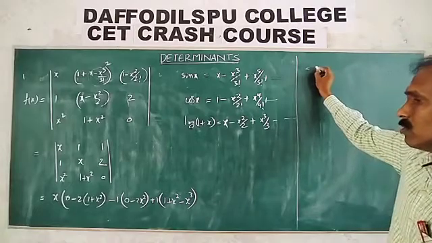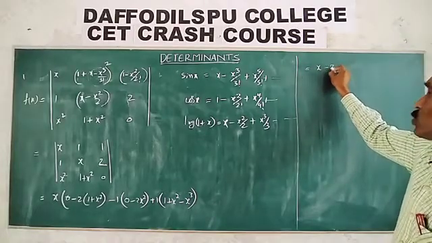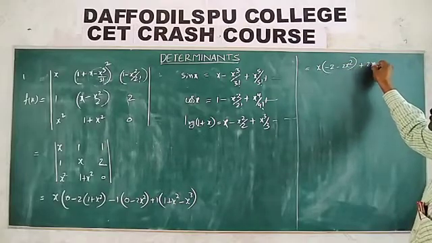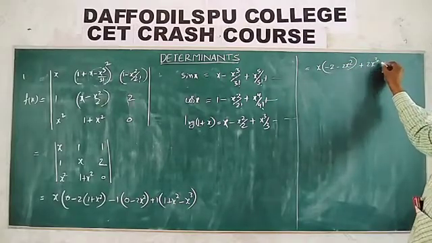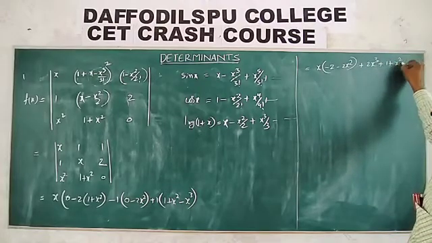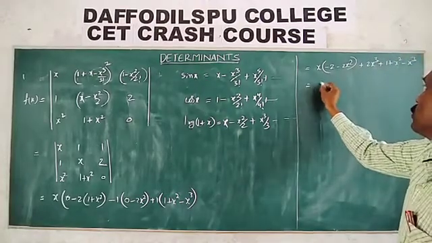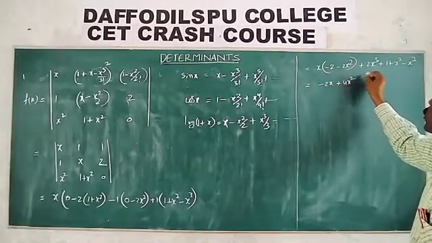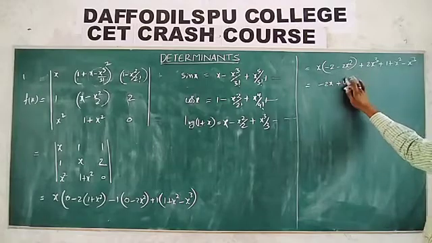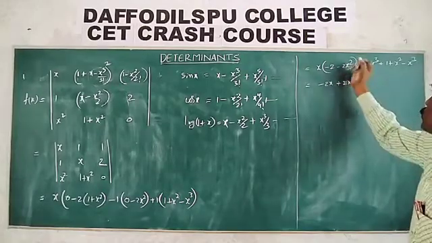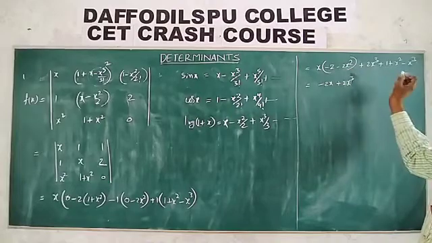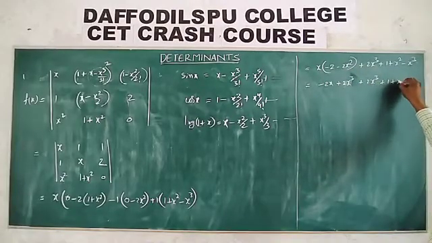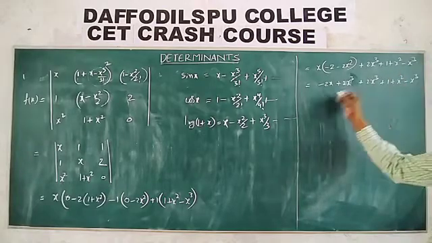This is equal to x of minus 2 minus 2x square, minus into minus 2x cube, plus 1 plus x square minus x cube, minus 2x, minus into minus 2x cube, plus 2x cube plus 1 plus x square minus x cube.